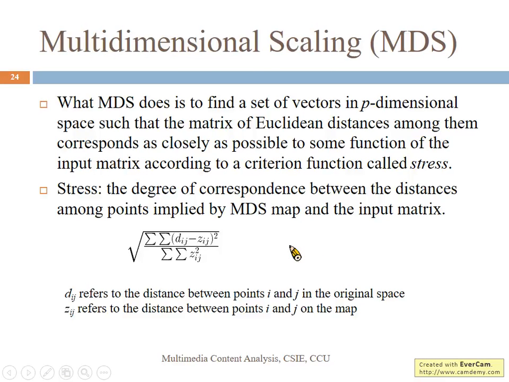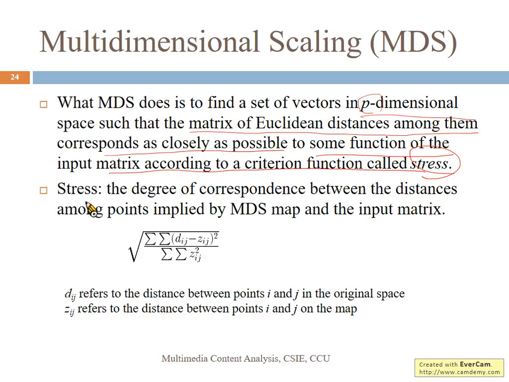What MDS does is to find a set of vectors in p-dimensional space such that the matrix of Euclidean distance among them corresponds as closely as possible to some function of the input matrix according to some criterion function called stress. So here we define the stress function like this.